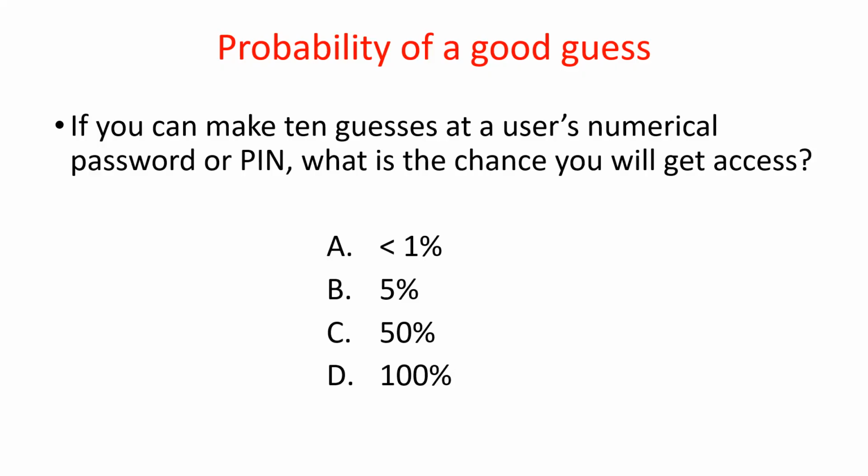Well, if you guess not just random passwords, but the top 10 most commonly used passwords, since they're used half the time, you have a 50% chance of guessing, because 50% of the users are going to use one of the top 10 passwords.